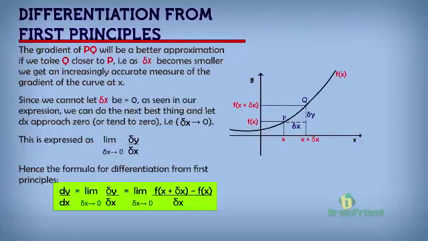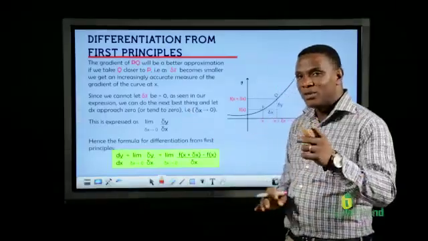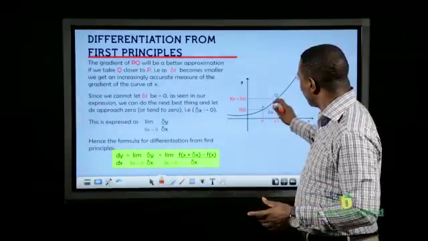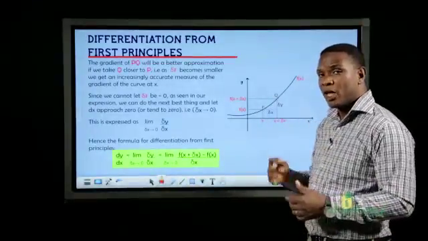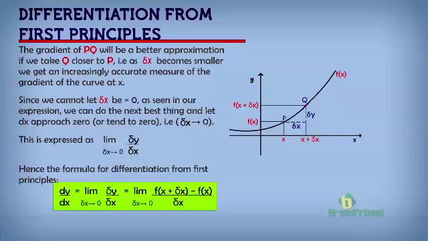The gradient of PQ, that is our gradient here, will be a better approximation if we take Q closer to P. Hence, like we said earlier, we will shrink our value. This Q was chosen arbitrarily in our course to find the slope. What if we bring it closer here, or here, or here, or here?